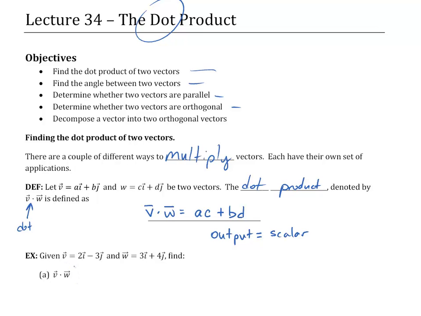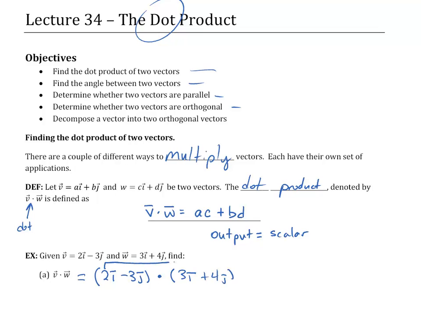So just as an example, let's look at what that would mean for these two vectors. In this case, a is 2, b is -3, c is 3, and d is 4. To take the dot product, we're going to take 2i minus 3j and dot that vector with 3i plus 4j.